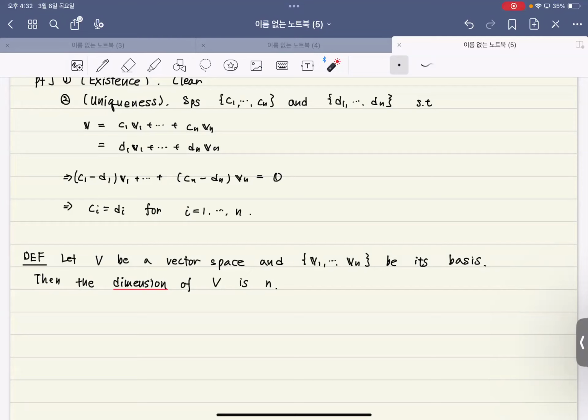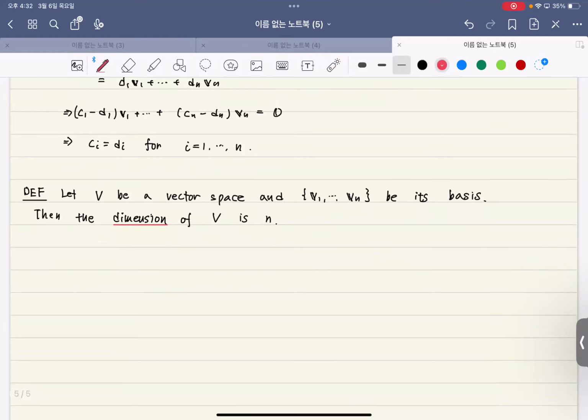Even if you have the same vector space, my choice of basis vectors may be different from your choice of basis vectors. But in order to have a well-defined definition, I want to make sure that even though the choice of basis vectors may be different, the number of such basis vectors always has to be the same number.